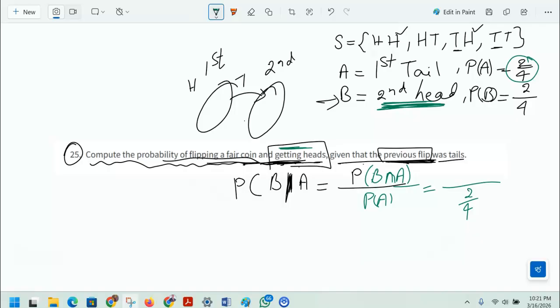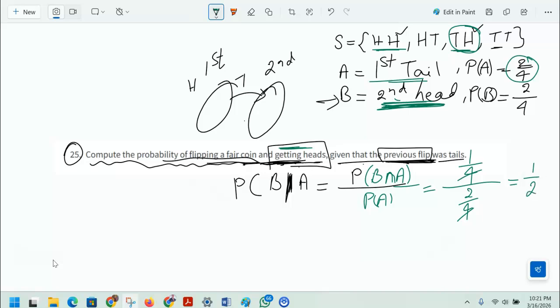So second head, you have two options, right? This one and this other. Among these, the first tail is this one, which is 1 out of 4. So that will give you 4 and 4 cancel, and you get half.